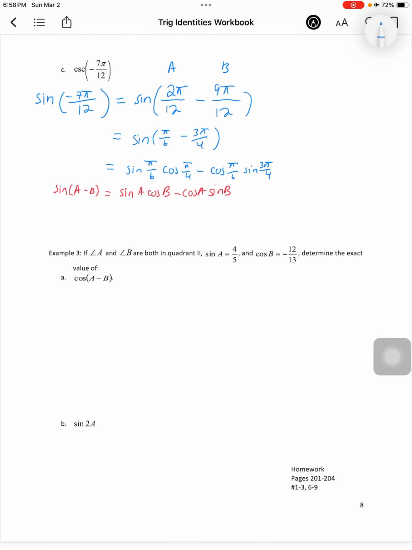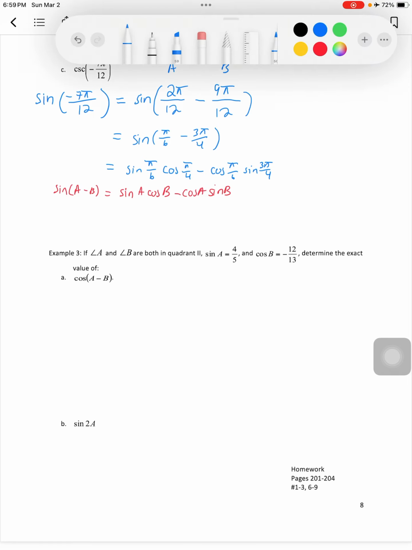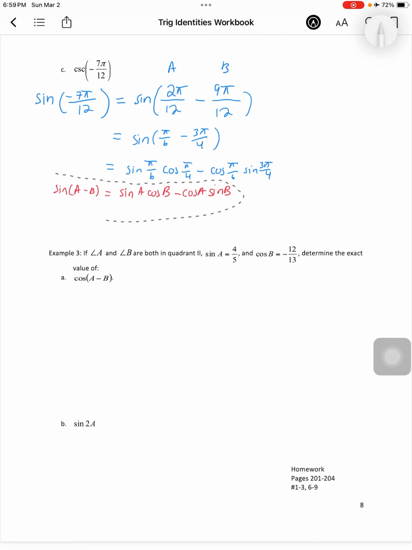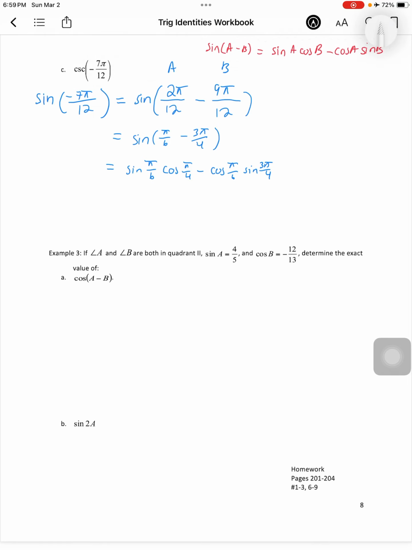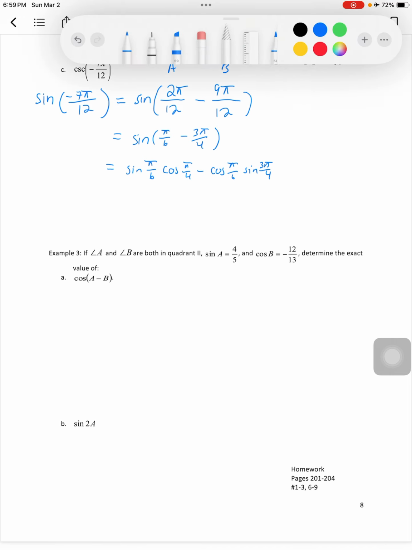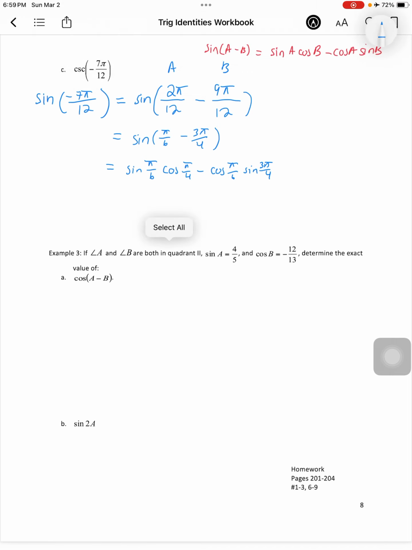And then now, if we were to change this into exact values, we're going to have bracket, bracket. It's going to be 1 over 2, negative square root 2 over 2, square root 3 over 2, square root 2 over 2.